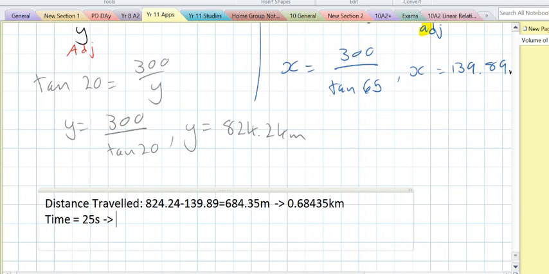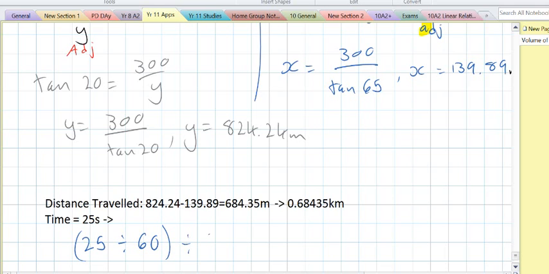Divide by 60 gets us to minutes, and divide by 60 again gets us to hours. So we do the 25 divided by 60, and then that we divide by 60 again. And that gets us a very small number.